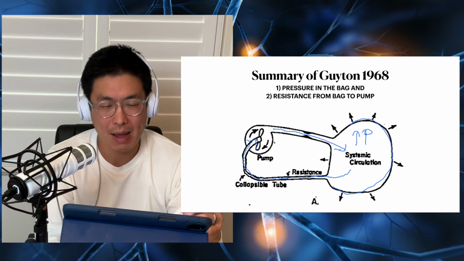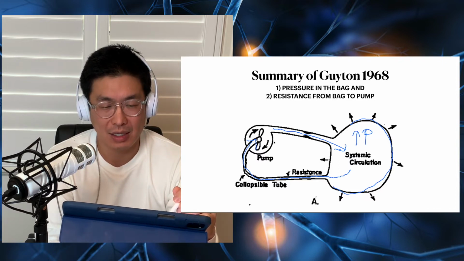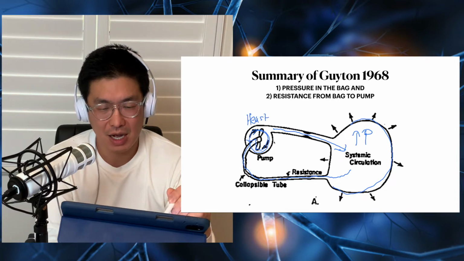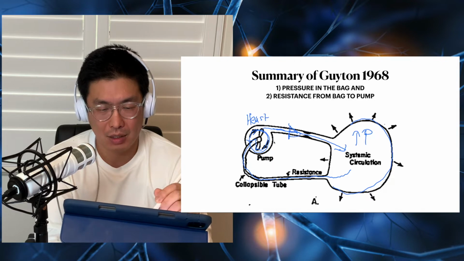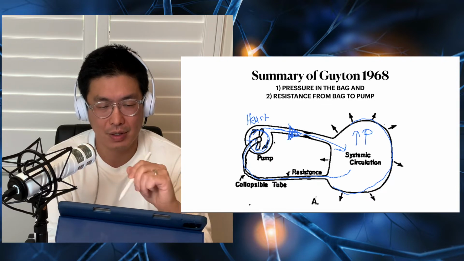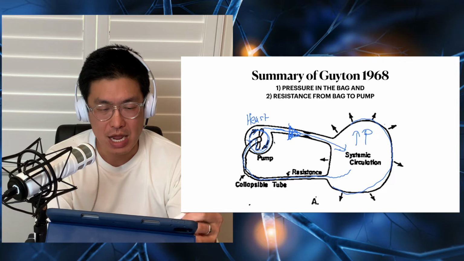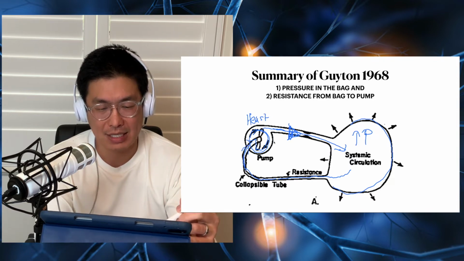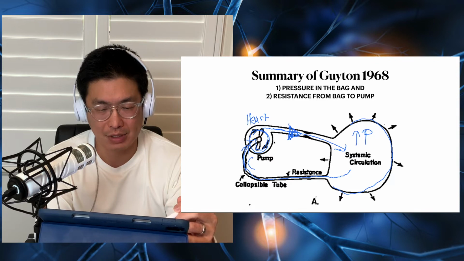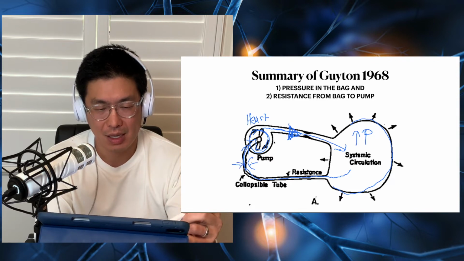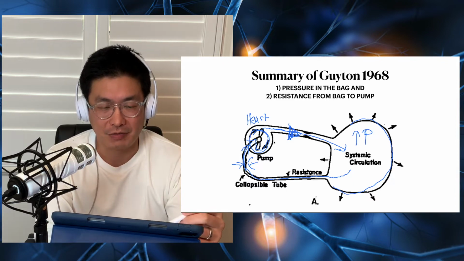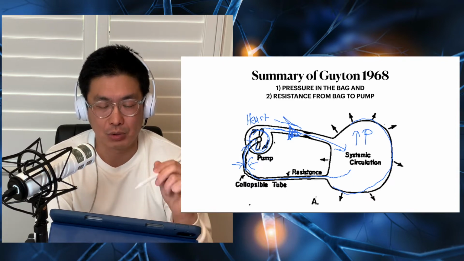And what happens is that if this pump tries, so if the heart, this is analogous for the heart, if this heart tries to pump more blood, okay, this way, and there's inadequate flow coming back here, what happens is that these tubes will collapse, okay? And because these tubes will collapse, that actually prevents further output.